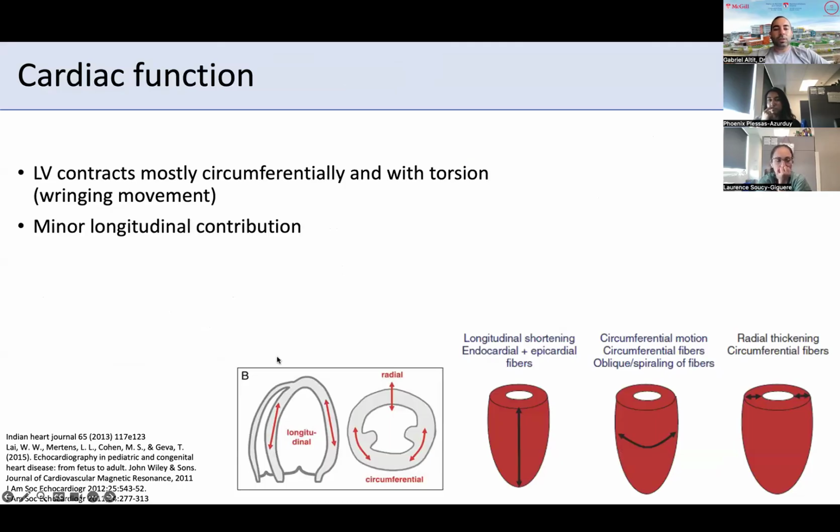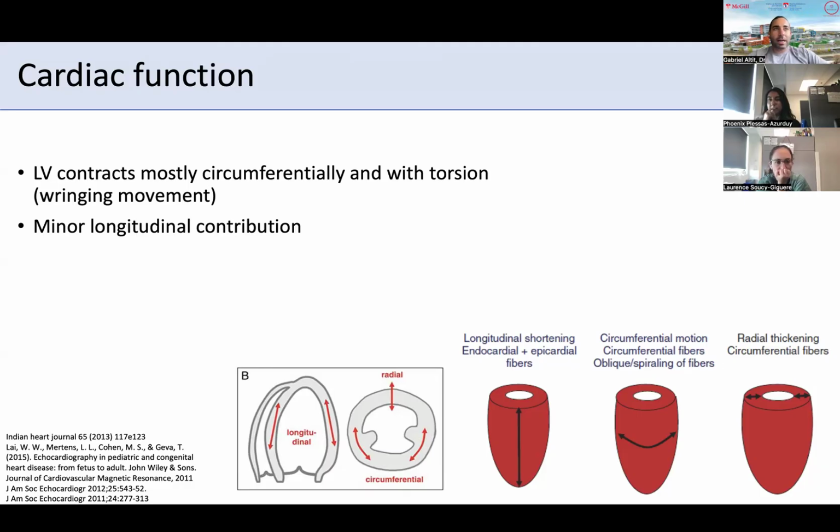The LV contracts mostly towards the inside, circumferentially, and there's a torsional movement to it. So it has rotational properties, a bit like a wringing effect. Think of a towel filled with water that you really wring out, what we say in French as essorage.